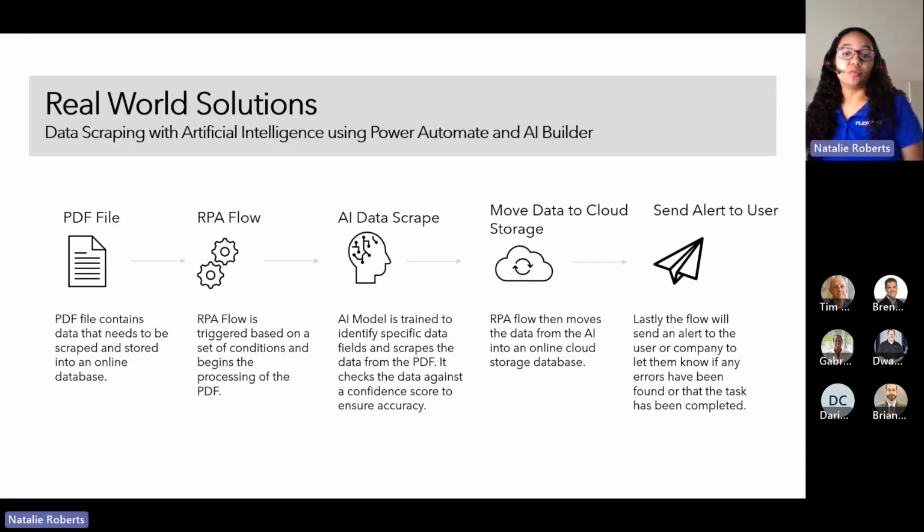Now, this is a real world solution. This is what I'll be going over, but I wanted to put it into black and white format for you guys so you could understand the initial process and the end goal. The initial process and the example for the AP invoice automation is we have a client, or let's say yourself, receiving an invoice from your email inbox. The normal process would be you receive the invoice, you say, okay, I've got an invoice.